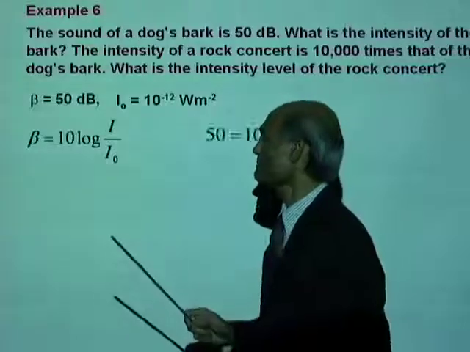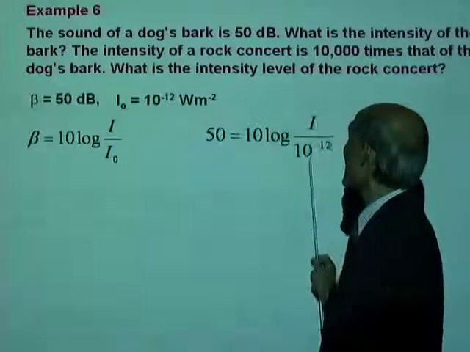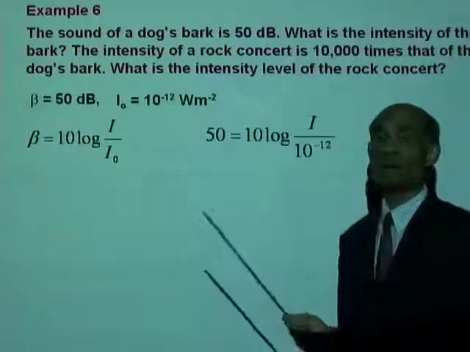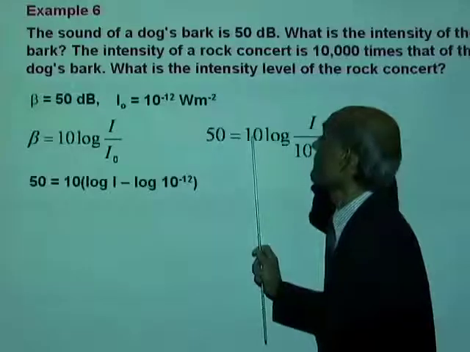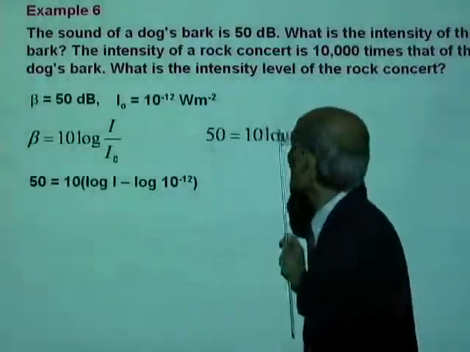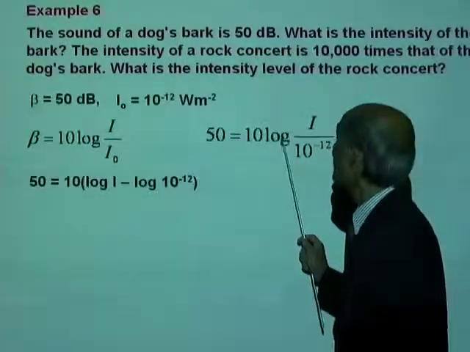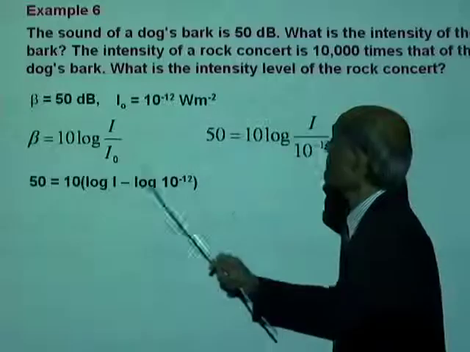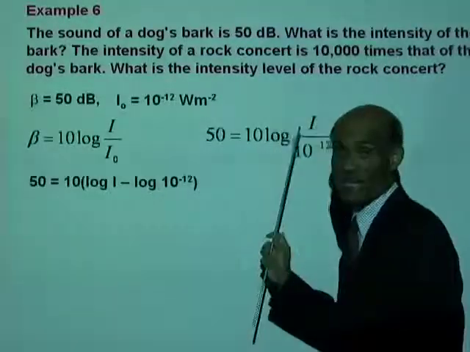Okay, let's do it. 50 equal to 10 log I over 10 to the power of negative 12. Now, what I'm doing here is I kept the 10 outside and used the properties of logarithms. That will be log of I minus log of 10 to the negative 12. You understand that?